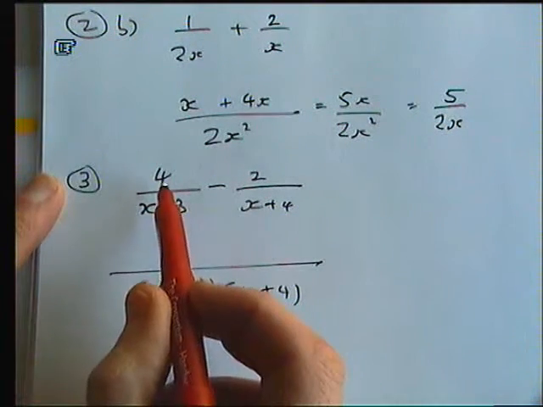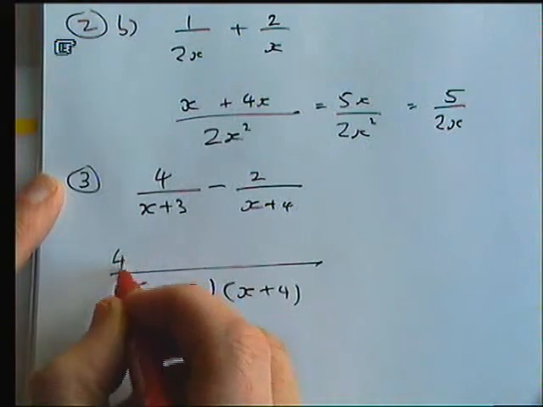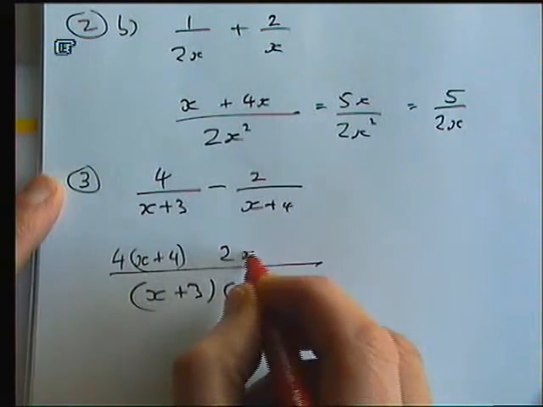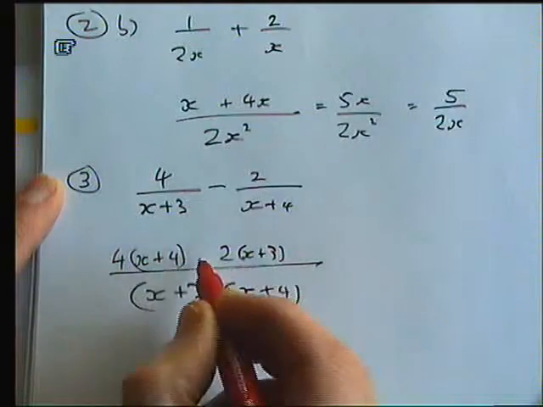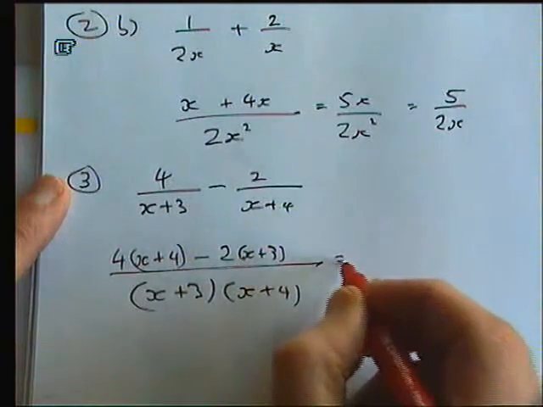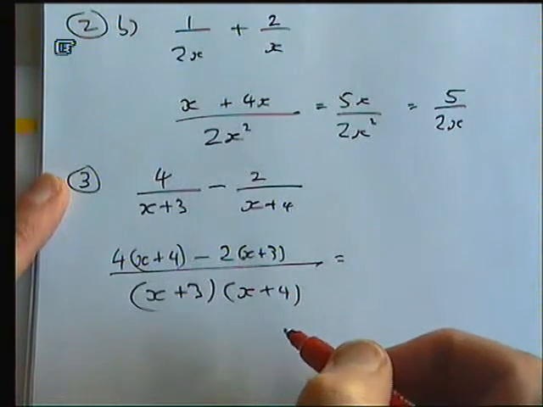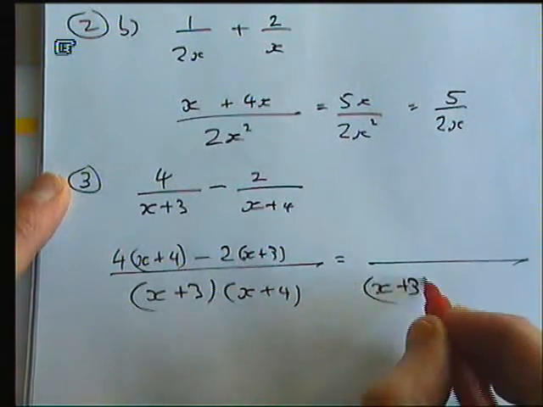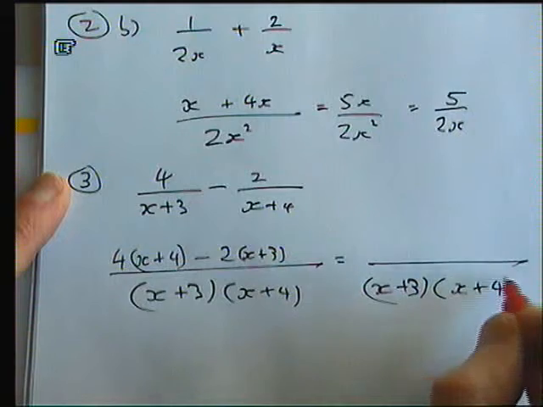Cross multiply the top left and bottom right, and top right and bottom left with a minus sign between them. Do not multiply the bottom together. Keep them in brackets, because what you're hoping to do is find one of those brackets appearing in a minute on the top.